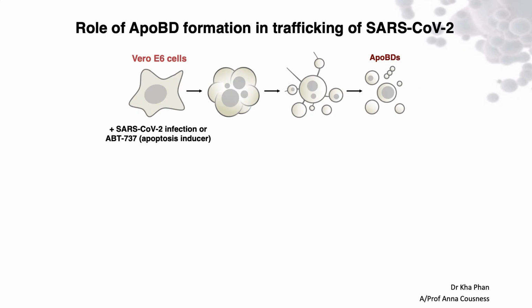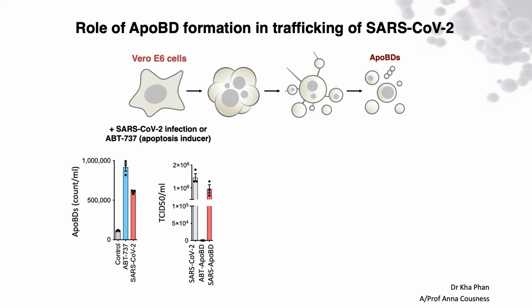And obviously, when SARS came along, Carr, again from my lab, was quite interested in whether a similar process was happening in the setting of SARS. We did this in collaboration with Anna Cousins from Weihai. Initially, we infected viral epithelial cells with SARS-CoV-2, which is well known to induce apoptosis in these cells, and also treated them with our control apoptosis inducer, APT737.